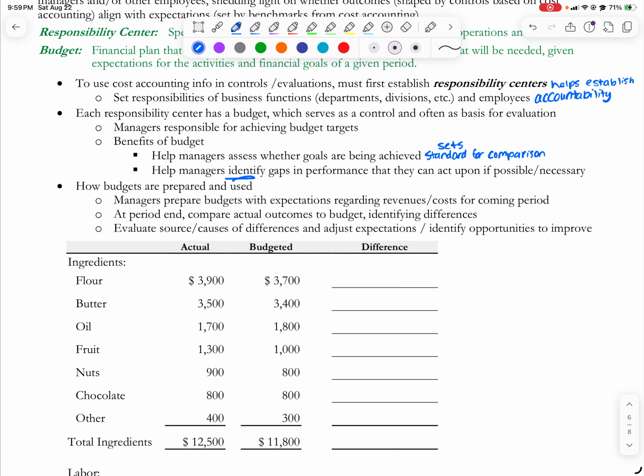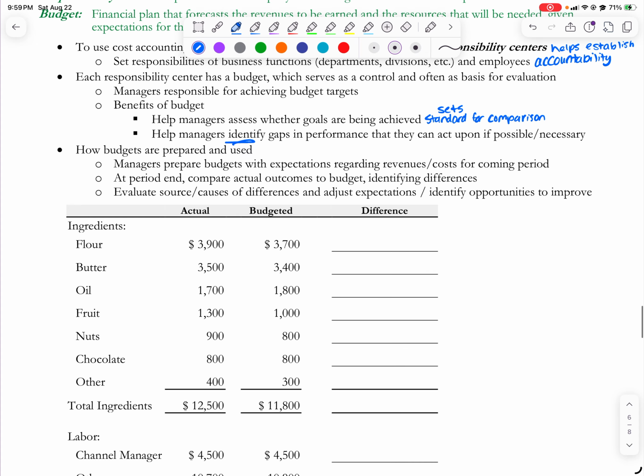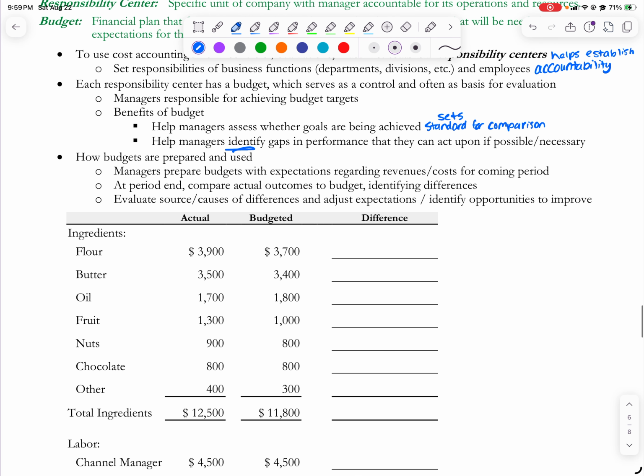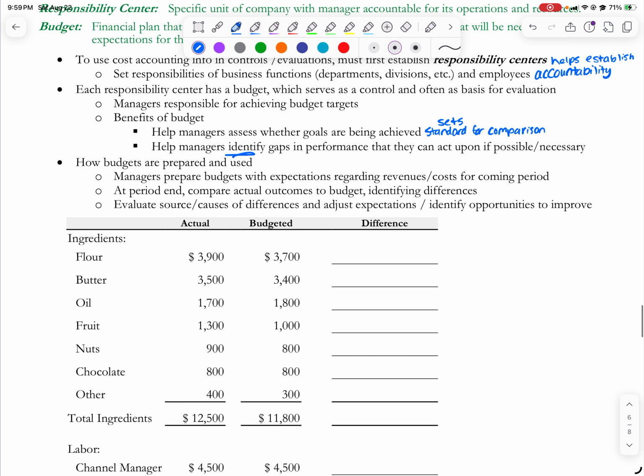Once we get to the final stage and actual outcomes are out, they can use the budget to help themselves identify gaps in their performance and to realign their expectations, to find opportunities to do better. They can use it to inform future budgets and future actions. So basic overall process, simplified for preparing and using the budget. Managers oftentimes get to participate in making the budget they're held to.